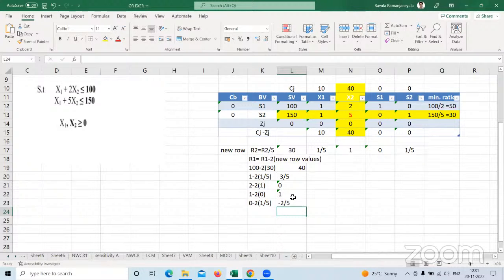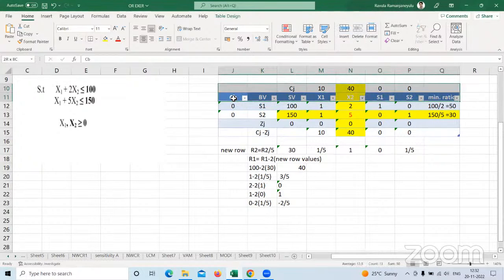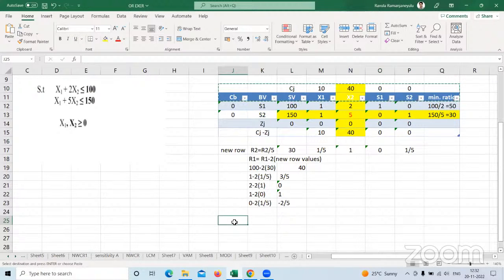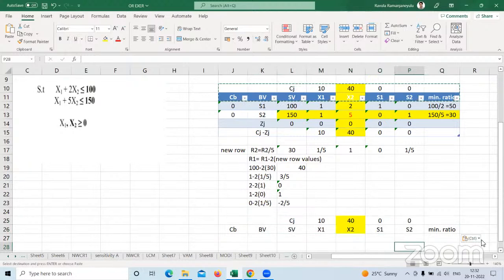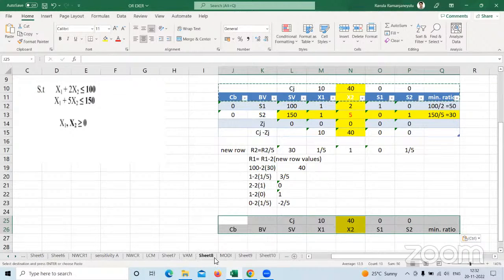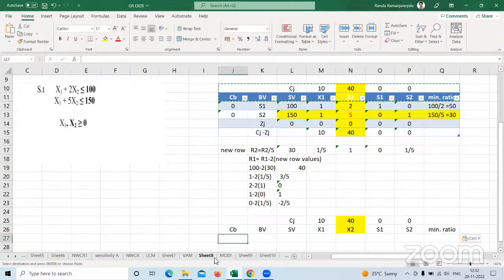With this, we need to prepare a new table. For the new values, first, in which row did we get the key element? The second row.